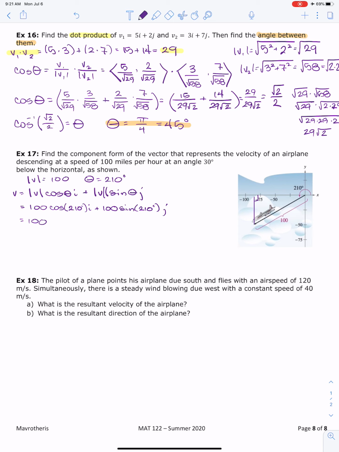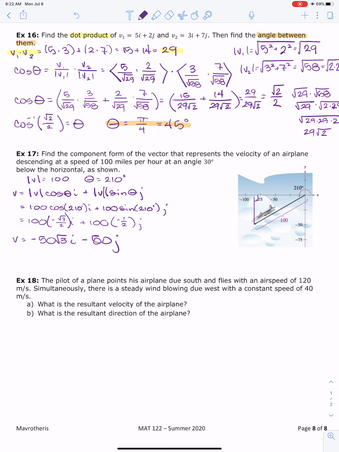We're in quadrant 3, so both my cosine and my sine are going to be negative. So my cosine here is negative square root of 3 over 2. My sine is negative 1/2. I get negative 50 square root of 3 i minus 50 j.